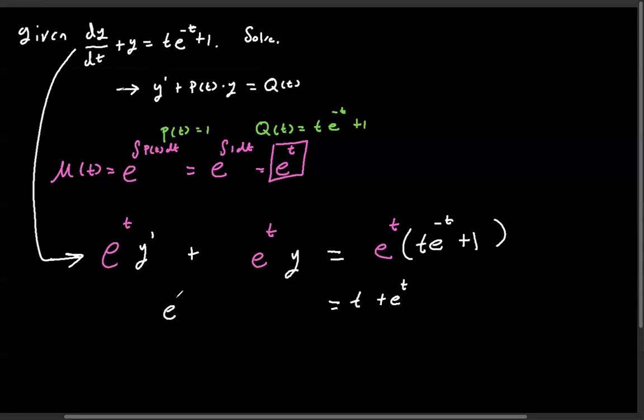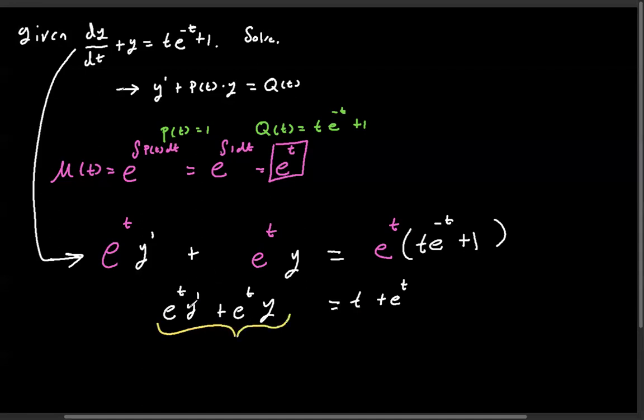We still have e to the t y prime plus e to the t y. What can we say about this? Now we've got to look at this and see what's happening.